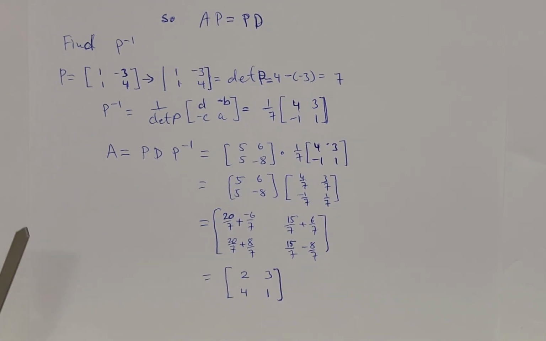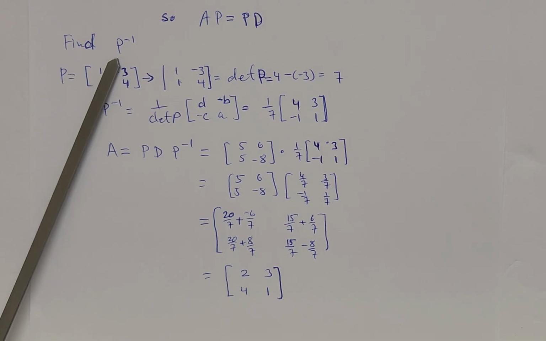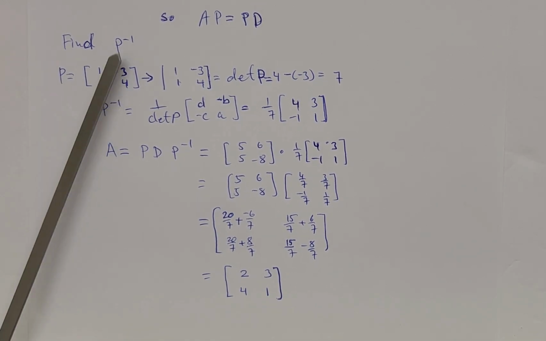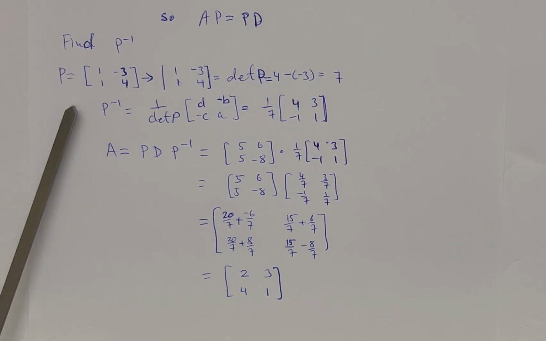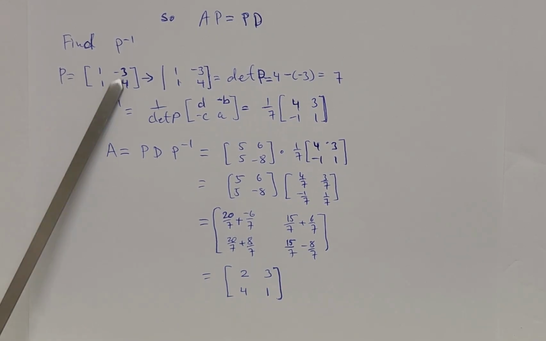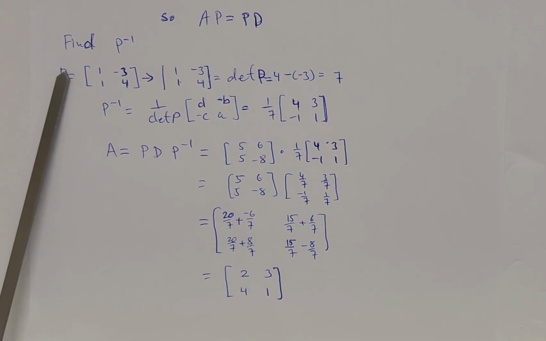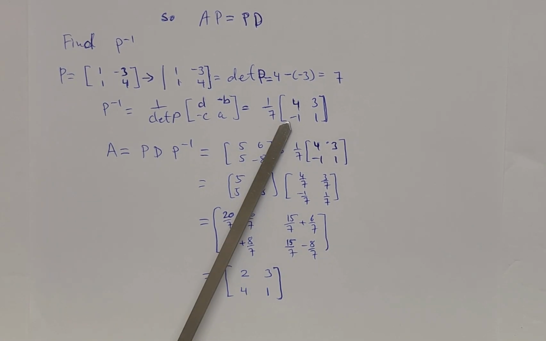Now after that, find the inverse matrix of P. Again, P is the basis or vectors from the eigenvalues. So find the inverse of P, which we have here.